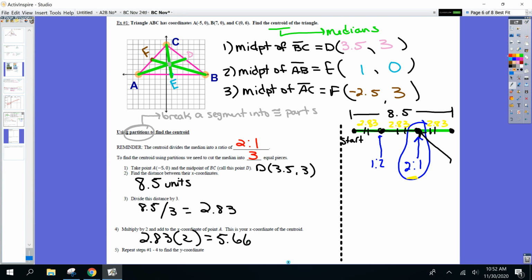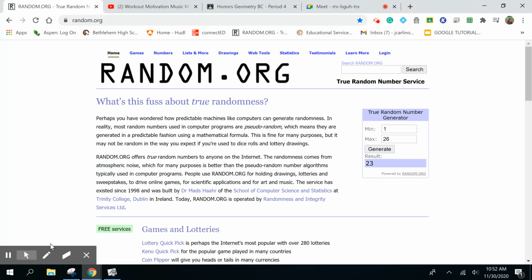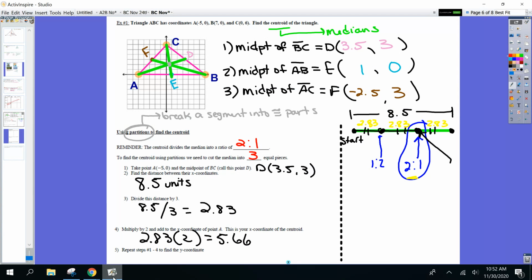From where? Where did I start all this on the x-axis? Where did I start on the x-axis, everybody? Gideon, where did I start on the x-axis? -5.